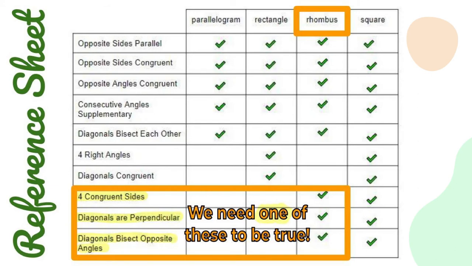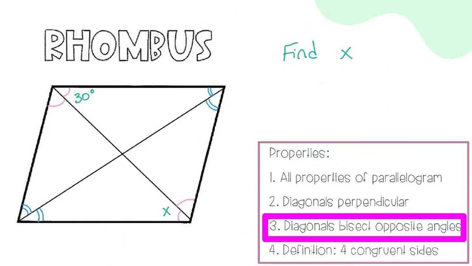So now we're going to look at a rhombus. For a rhombus, we have 3 different properties that we are going to explore. So the first property that I have is that the diagonals bisect opposite angles. And remember, I talked about how we were going to use our colors, and we could highlight the diagonal so we can easily visualize that all 4 of these angles must be congruent to each other.